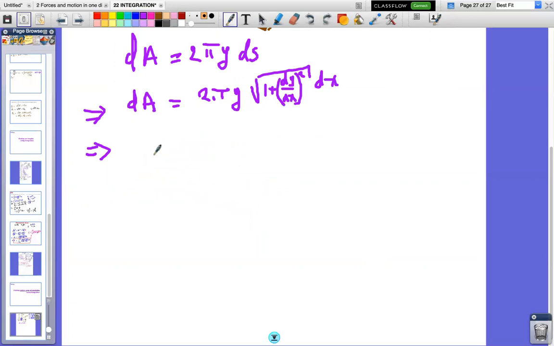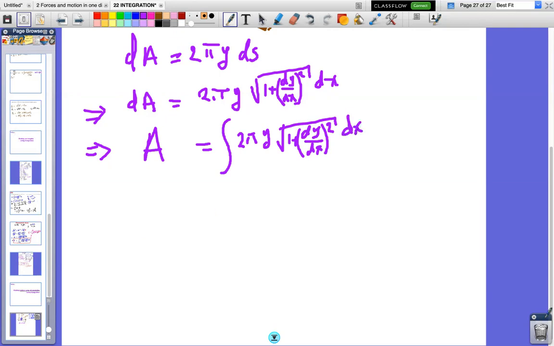You integrate dA and you'll get A, which should be equal to the integral of 2 pi y square root of 1 plus (dy over dx) squared, dx.